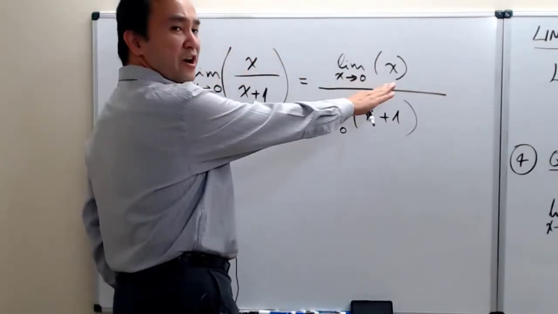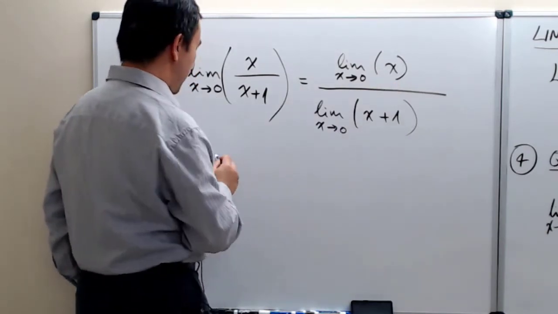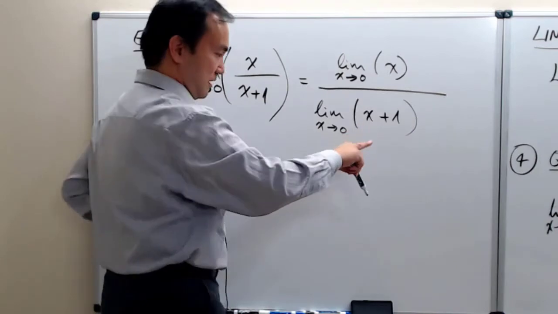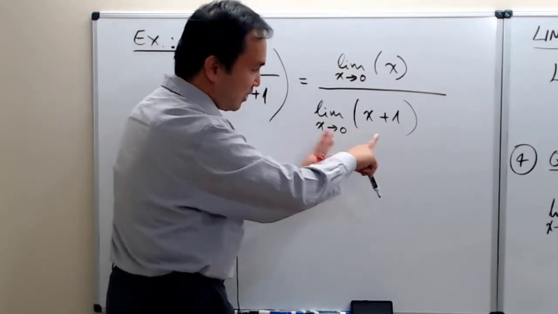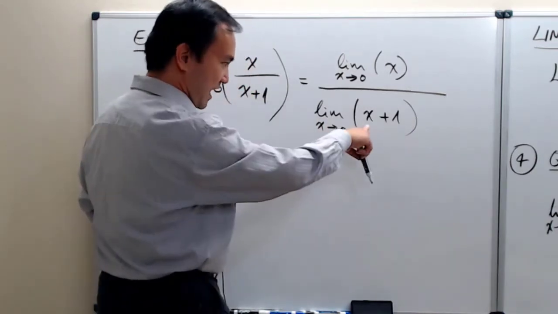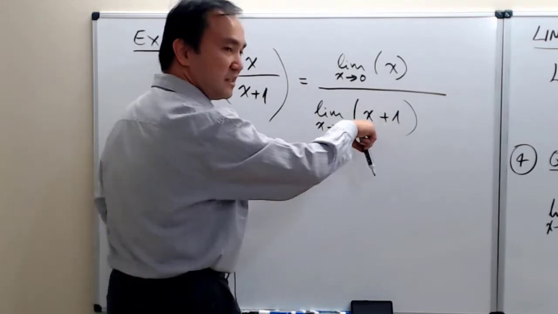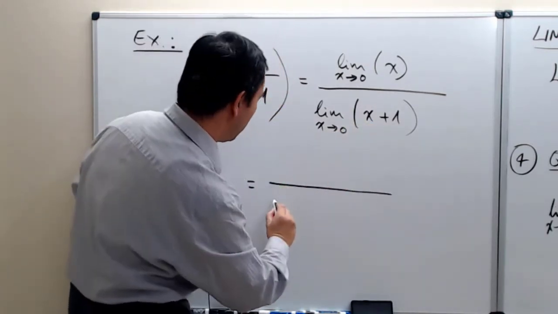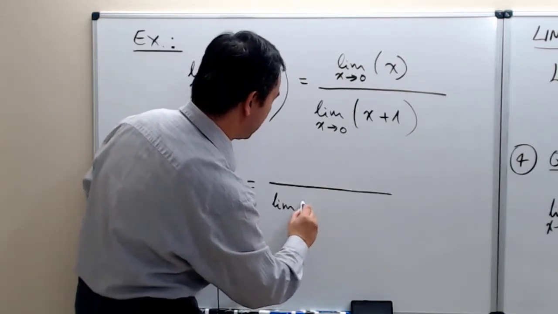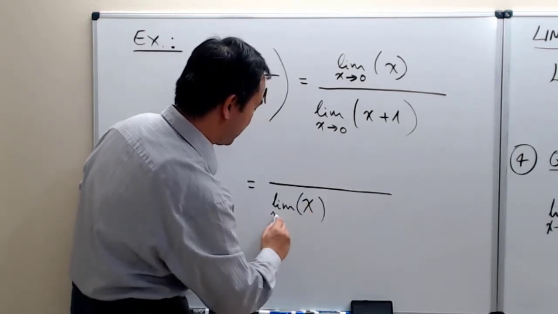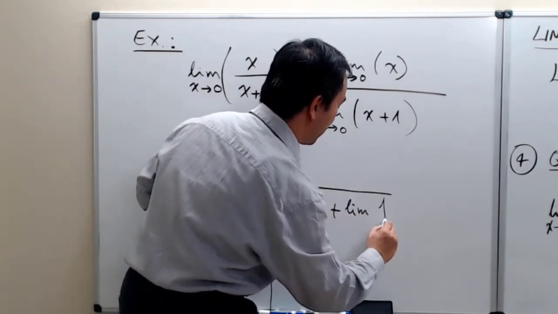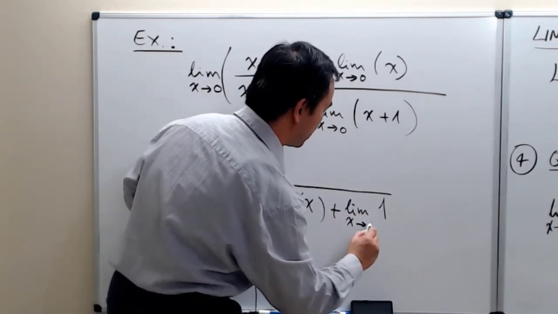The one in the numerator is easy to handle, but the one at the denominator currently is not too obvious to see the answer. What I can do is apply the sum rule one more time to tear it down into two separate limits: one limit for the function x as x gets close to 0, plus another limit for the constant function 1 as x gets close to 0.